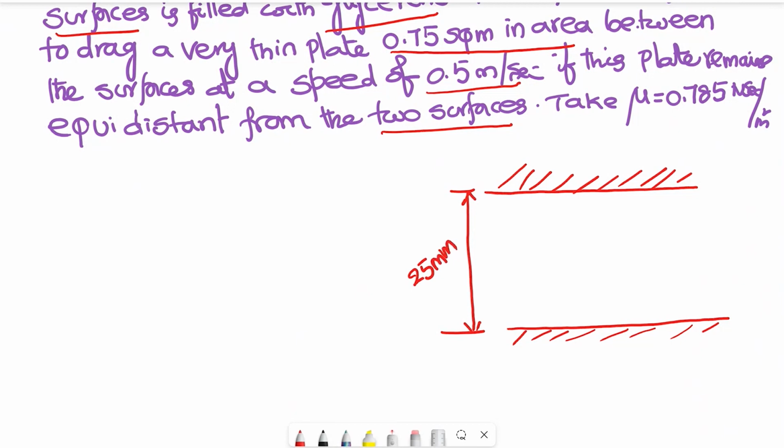Now, he has taken a square plate of area 0.75. So this is the area. Regarding the thickness of this, he did not specify. So this plate is dragged at a speed of V is equal to 0.5 meters per second. Fine.